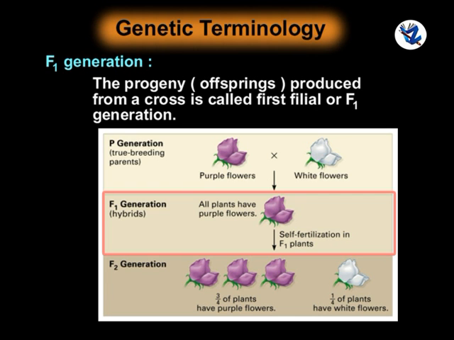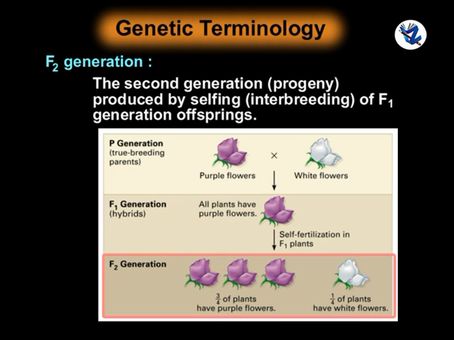Then F1 generation, the progeny, that is offsprings produced from a cross, is called first filial or capital F1 generation. F2 generation, the second generation, that is progeny produced by selfing, that is interbreeding of F1 generation offsprings.